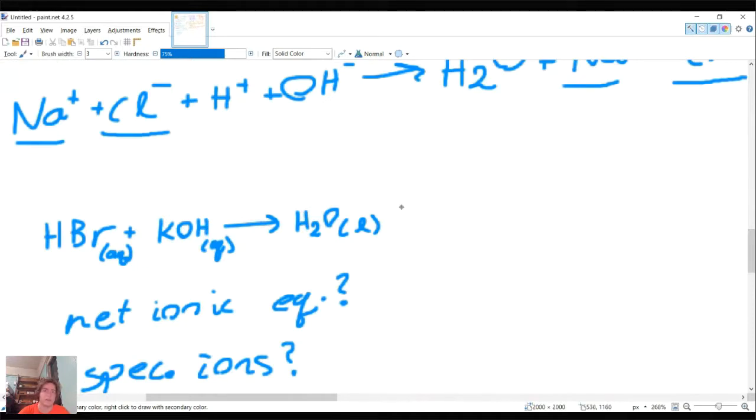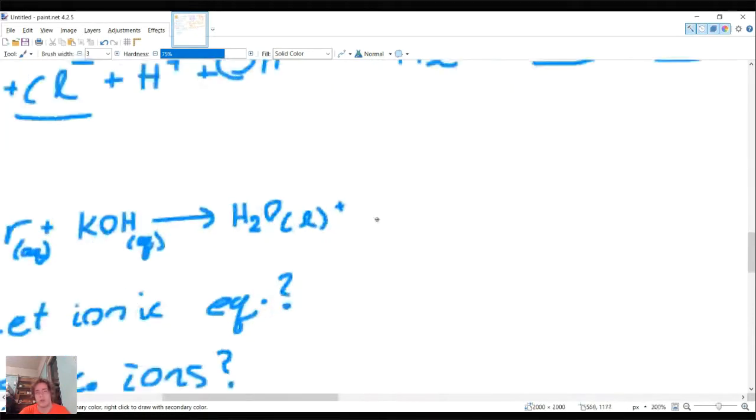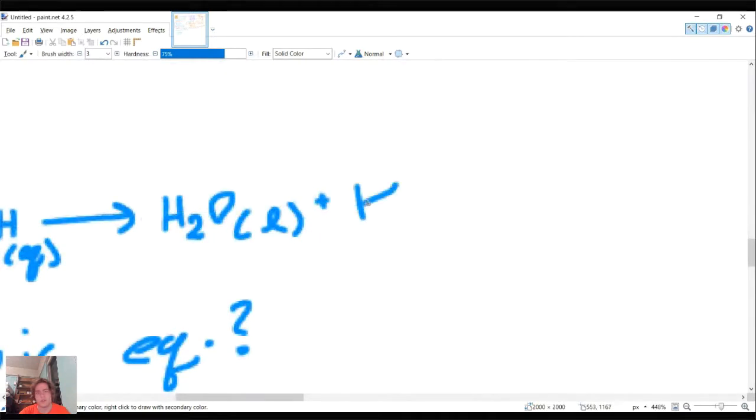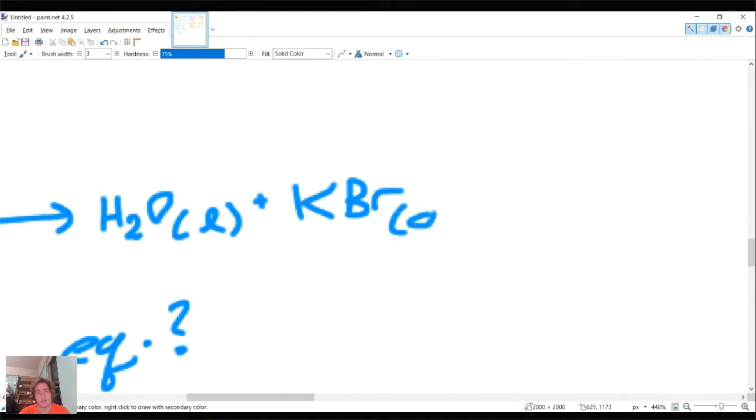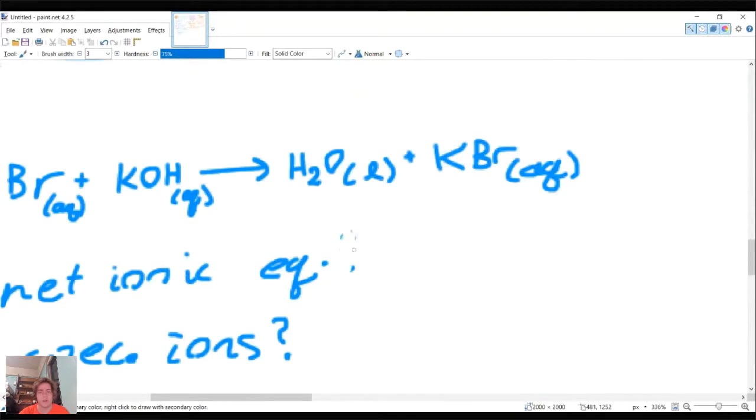An aqueous thing is something dissolved in the liquid, and H2O is the liquid. And KBr, you have to find out if this is solid or aqueous, and it is aqueous. It has a potassium in it. So to complete the equation, the net ionic equation is simply strong acid and strong base reacting together.